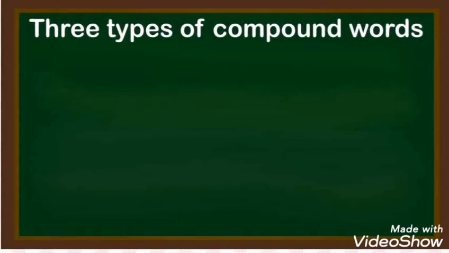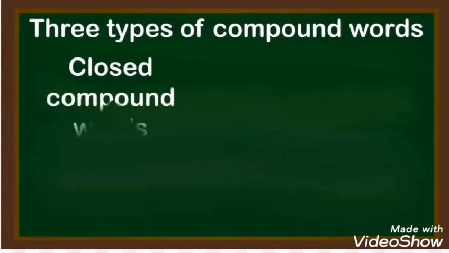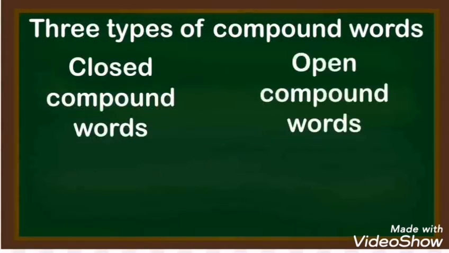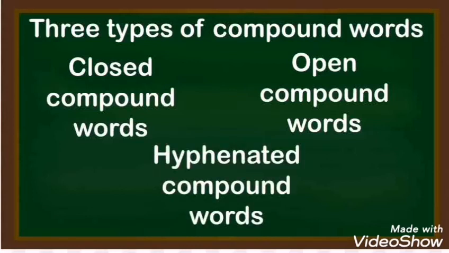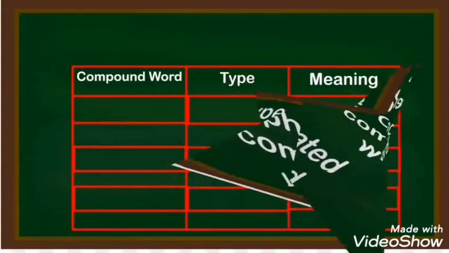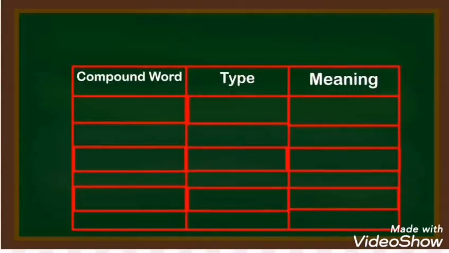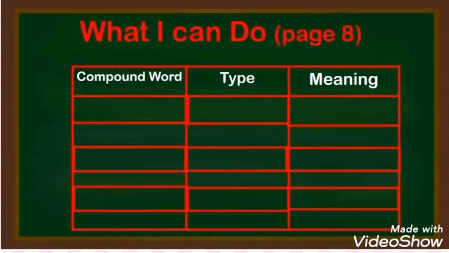Again, compound words have three types, and these are closed compound words, open compound words, and hyphenated compound words. Kindly look at the activity on page 8 of your self-learning module. These are the directions.